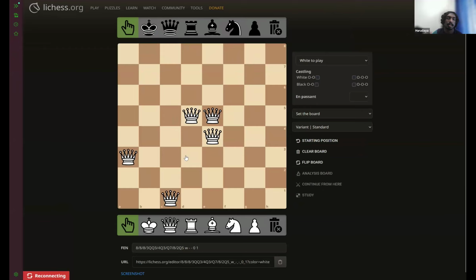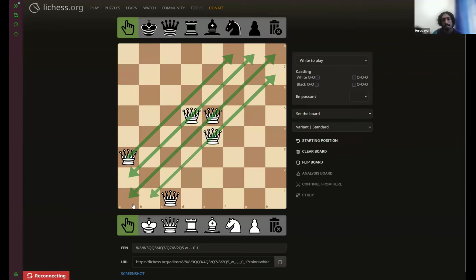Basically, all of these diagonals we know are covered by these, right? And these columns are also covered. This we don't even need to do.